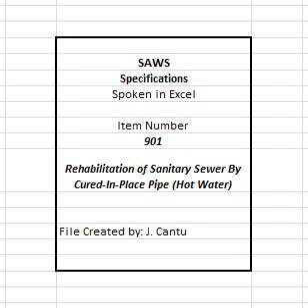1. Install CIPP sanitary sewer pipe, hot water, all depths. Pay item 901.1. The inserted pipe will be paid for at the contracted bid price per linear foot of pipe installed using the CIPP method complete in place for the type and size constructed.